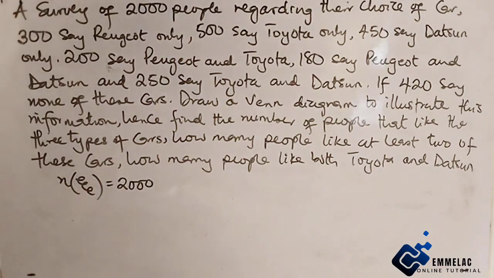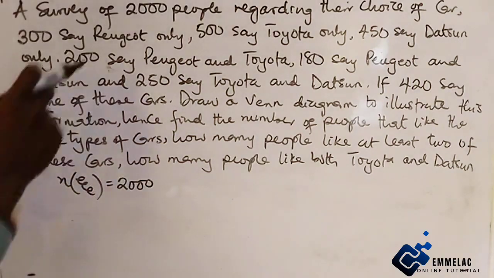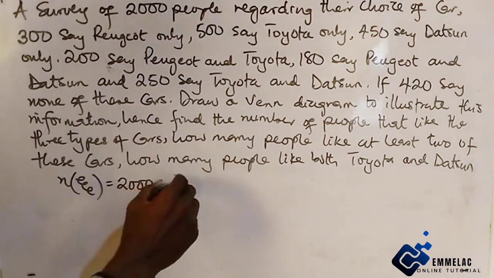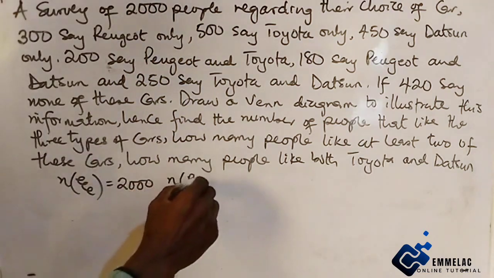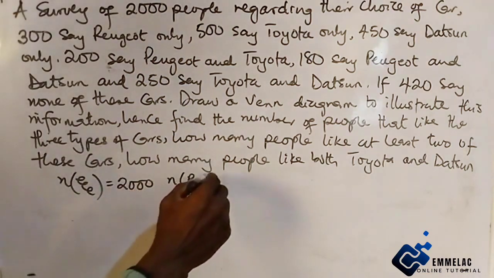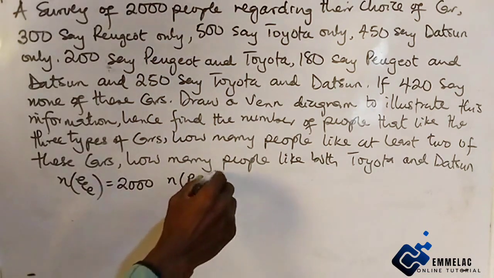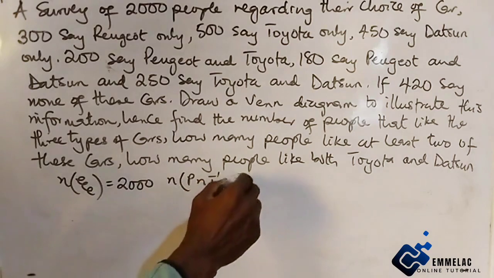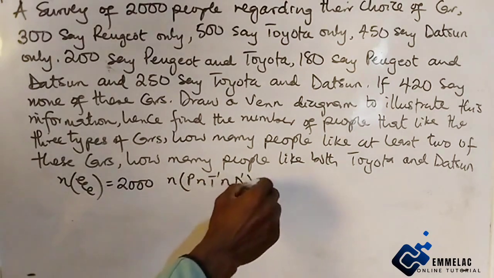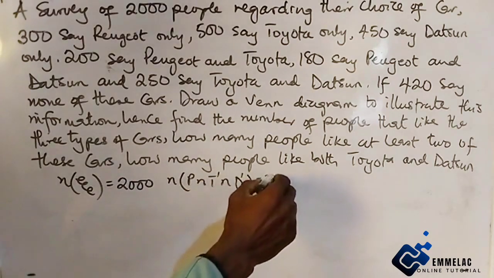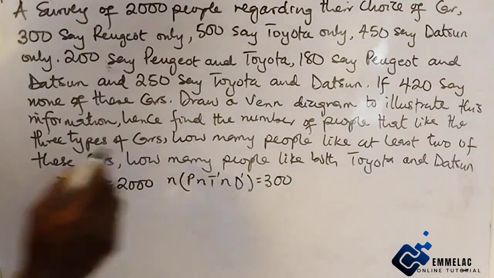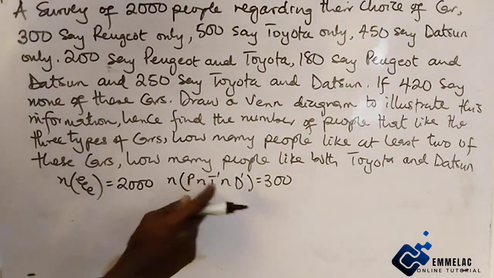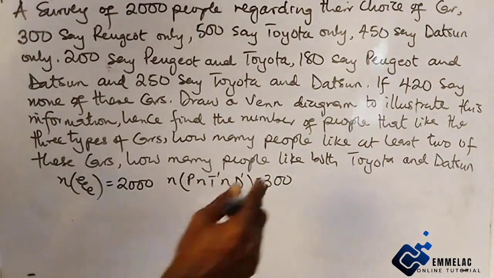Now, 300 love Peugeot only, which means that the number of P intersection T prime intersection D prime, or complement, equals 300, which means this number of persons like only Peugeot.